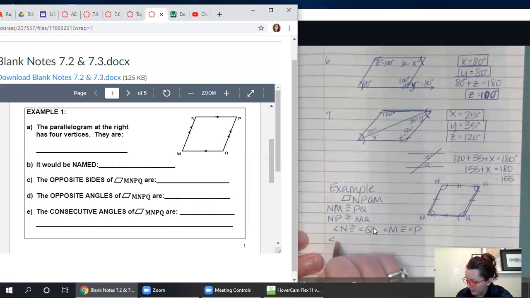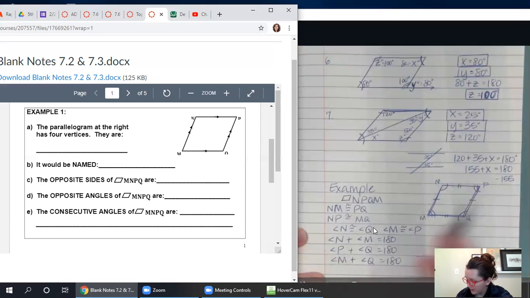So that means one right after the other. N and M equal 180. What else? P and Q equal 180. What else? Look, these two equal 180. So M and Q equal 180. And these two up here, P and N equal 180.